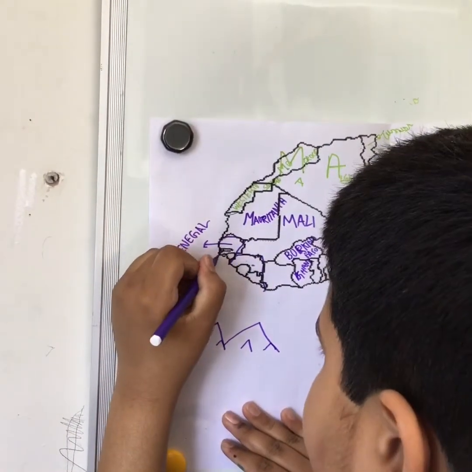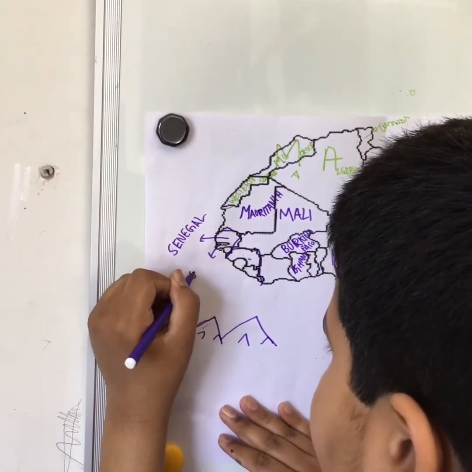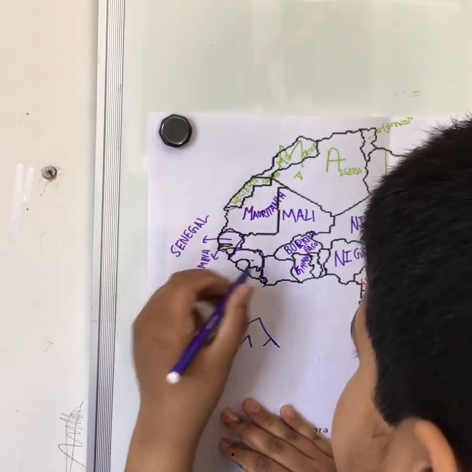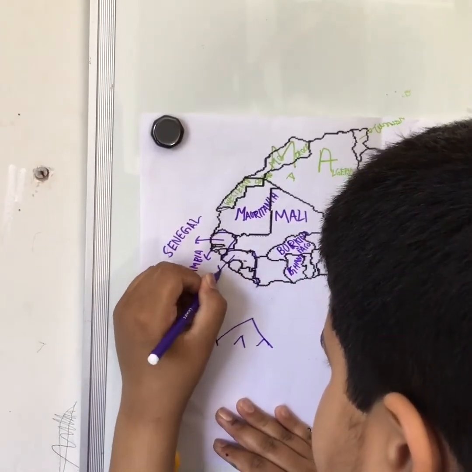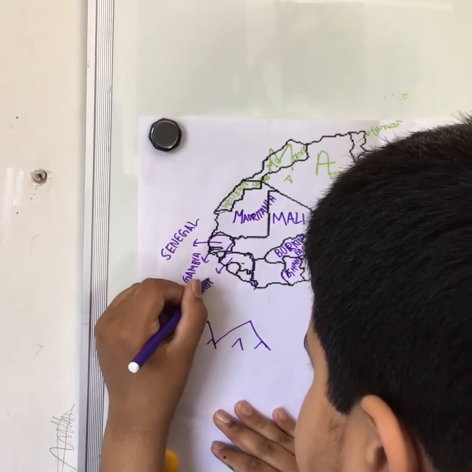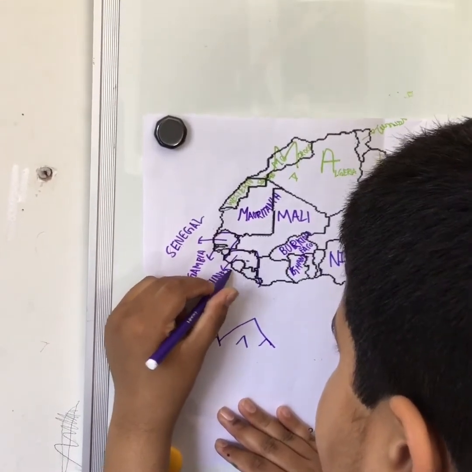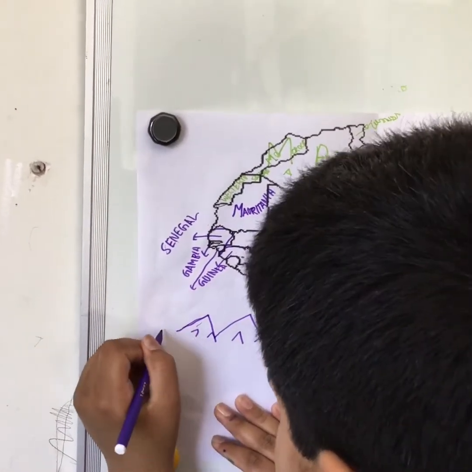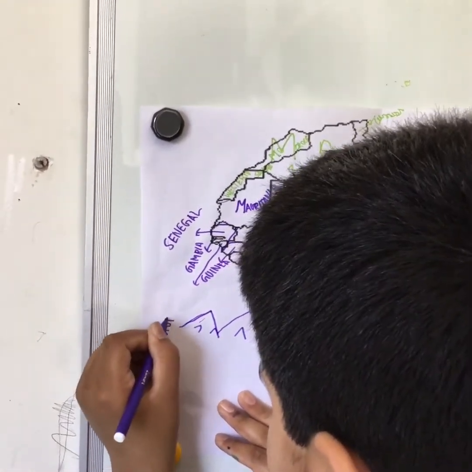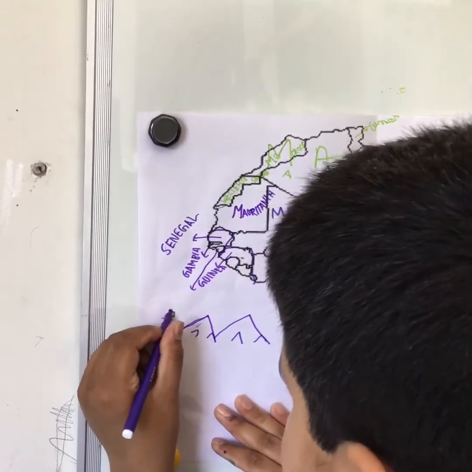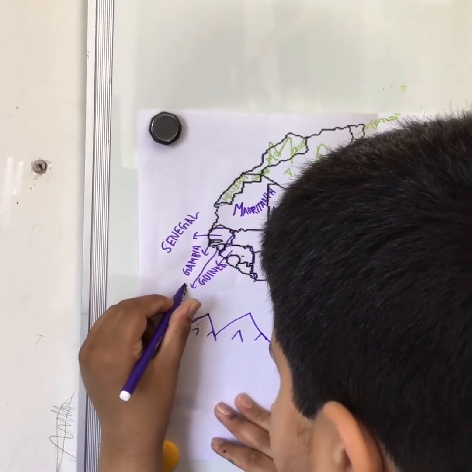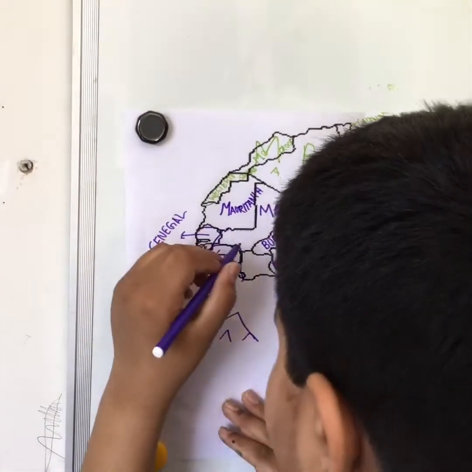Then this small country is Gambia. Then this big country is Guinea, and this country in this is its baby, so you can learn it as Guinea Bissau, which is the baby of Guinea.